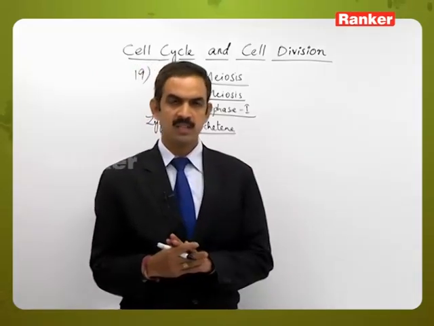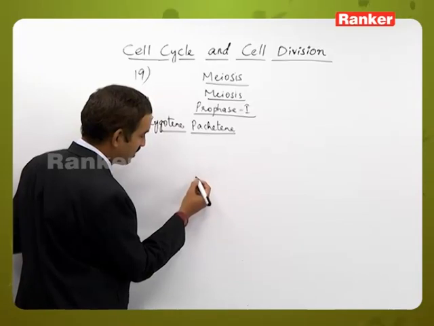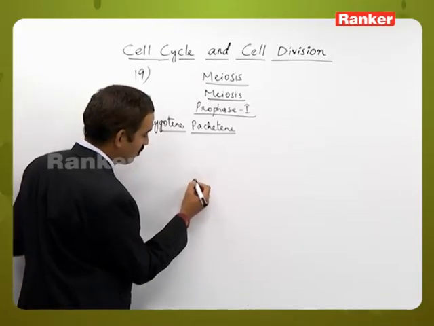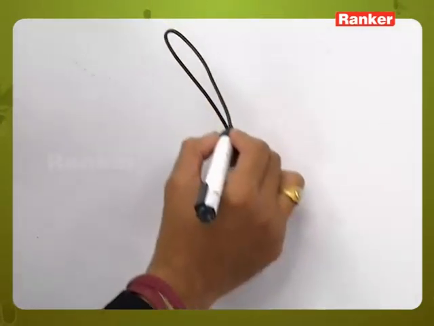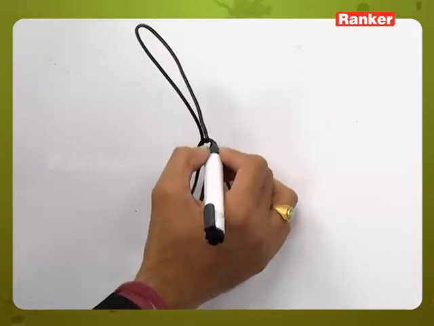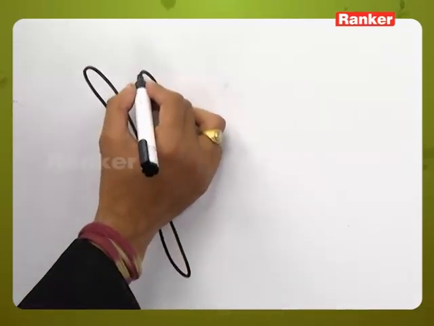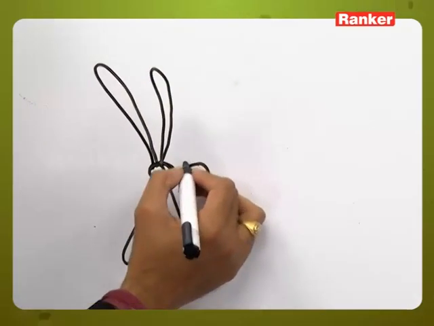Crossing over means the homologous chromosomes which have been attached with each other, those homologous chromosomes like this. This is one homologous chromosome, and the other homologous chromosome.